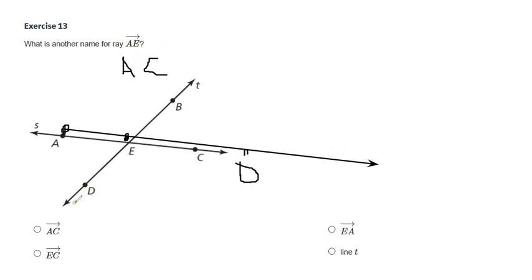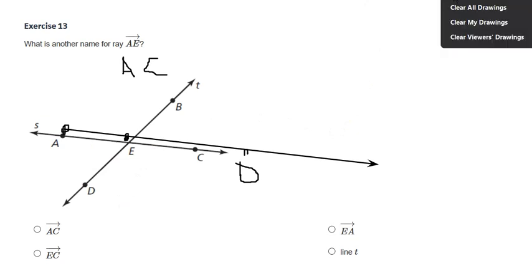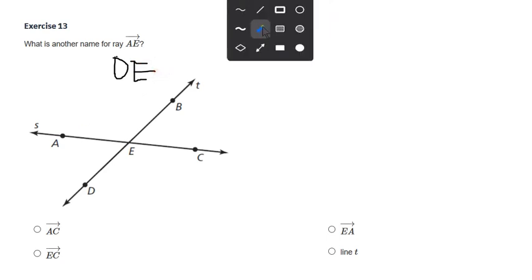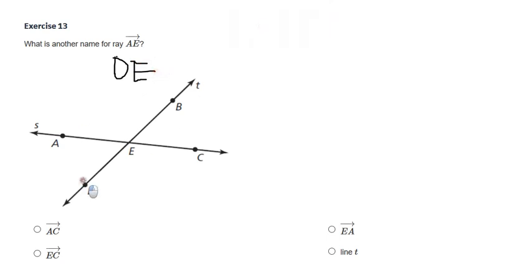Like if instead we were talking about ray DE. Let me clear this for a second. So if instead they were asking you about ray DE, let me write that, D. So if it was DE, it could be called DE or DB, right?